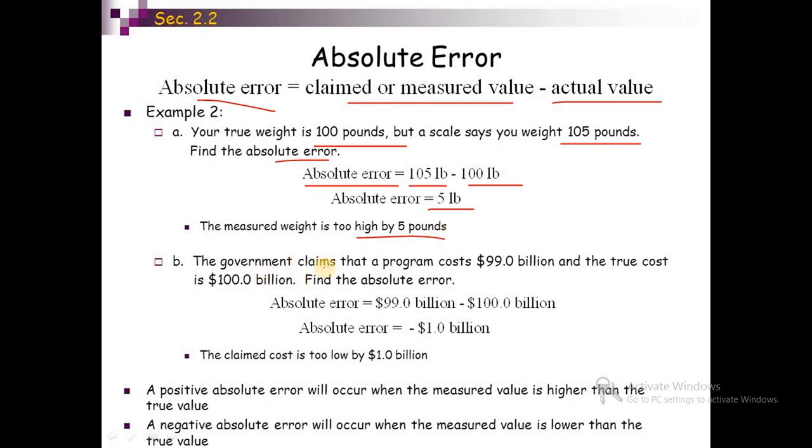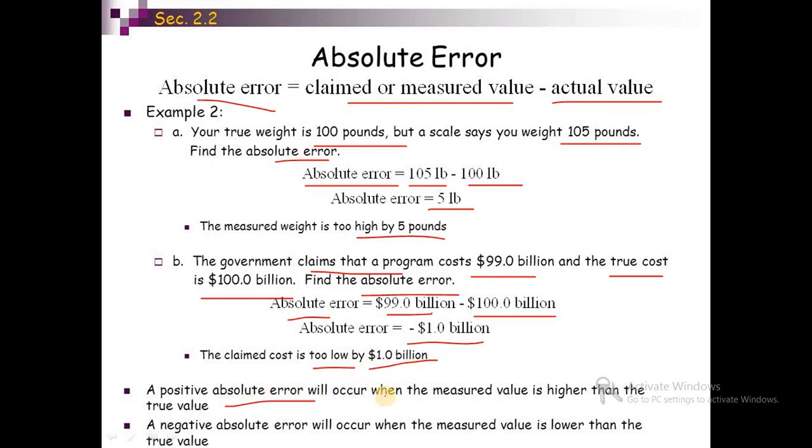Another example: suppose the government claims that a program costs $99 billion and the true cost is near $100 billion. Find the absolute error. The claimed value is 99 but the actual value is 100, so the difference is minus 1 billion. The claimed cost is too low by $1 billion.